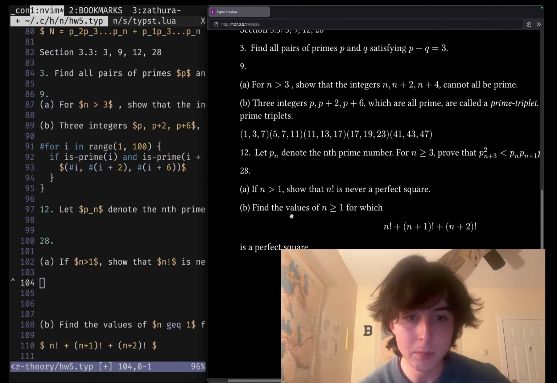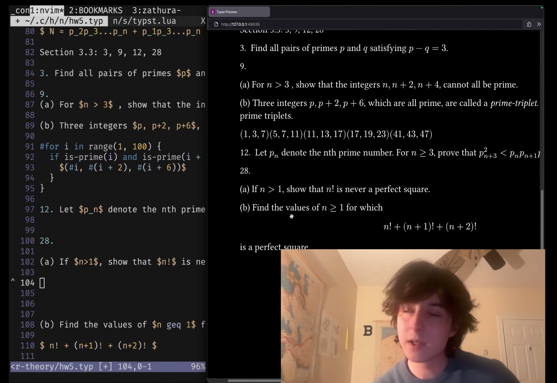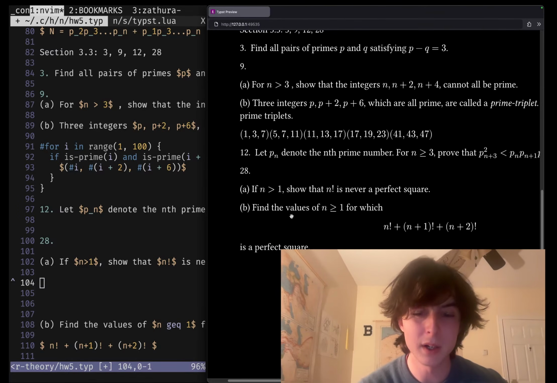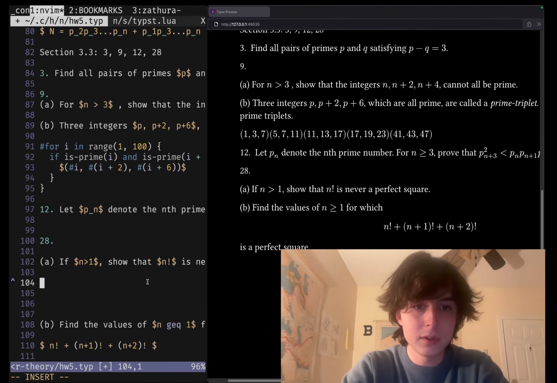Could be proved by induction, maybe? Because 2 isn't a perfect square, 2 times 3 isn't a perfect square. Yeah, maybe this is an induction proof.